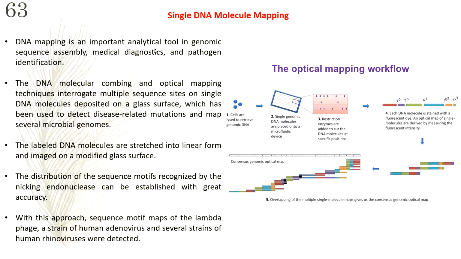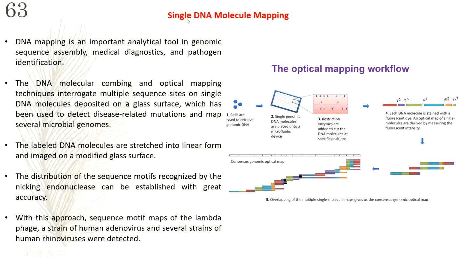These labeled DNA molecules are stretched into a linear form and then imaged on a modified glass surface. The distribution of the sequence motifs where the fluorescent dyes have attached, by nicking endonucleases, can be determined with great accuracy.